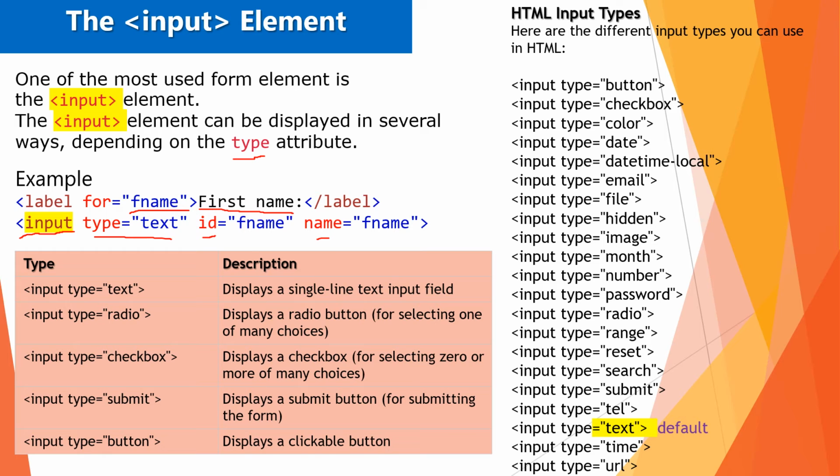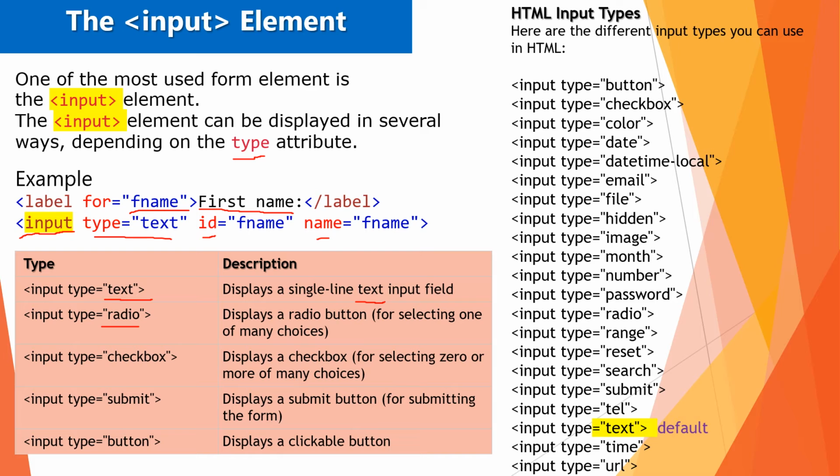What are the different types here? For example, the figure shows in the lower side, that the type is equal to text. Type is equal to text. Type is equal to radio. So type equal to text will display a single line text input field. So we have to input our values by using this text box.